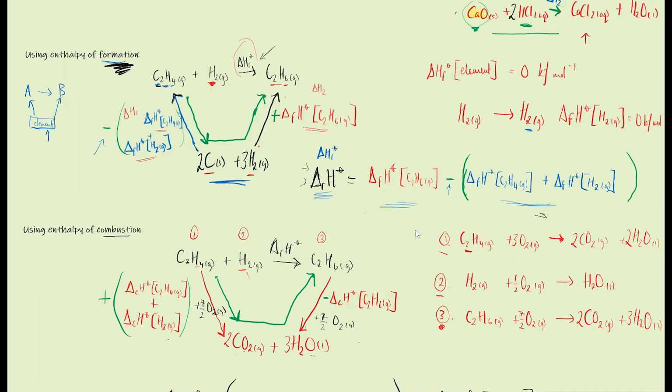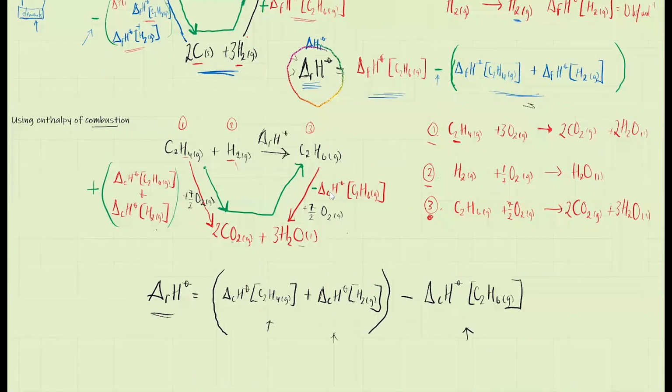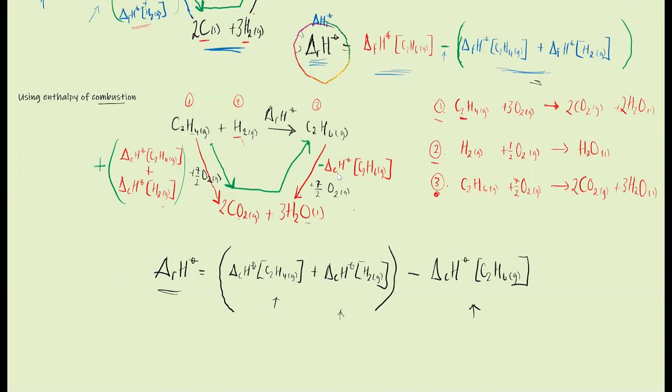So basically, this enthalpy is exactly the same as this enthalpy, but we have gone through completely different directions. This one's using enthalpy of combustion, and the above was using enthalpy of formation. So it just reinstates Hess's law, makes it more concrete that the enthalpy of reaction is completely independent of the route taken, and we've taken 2 completely separate routes, but we should still arrive at the same answer. Now that concludes this video.